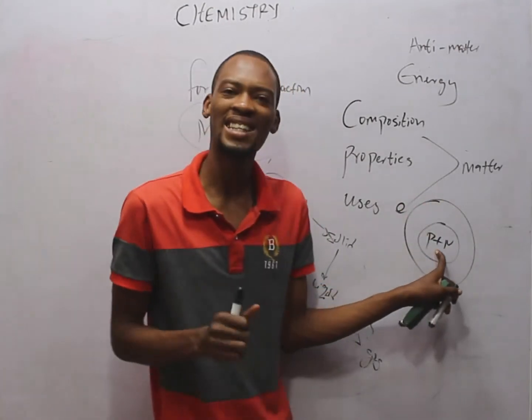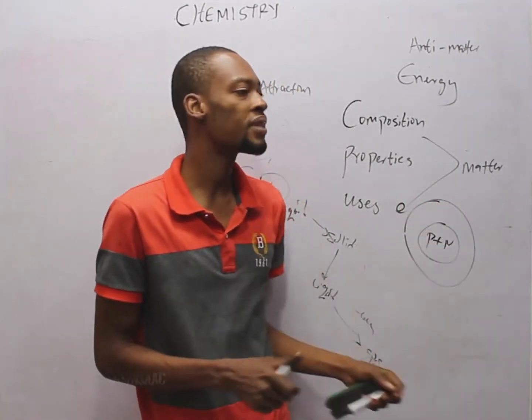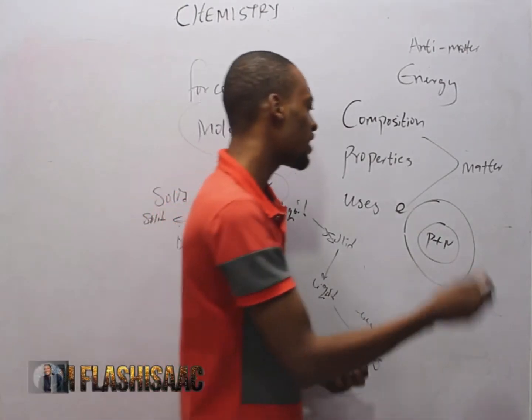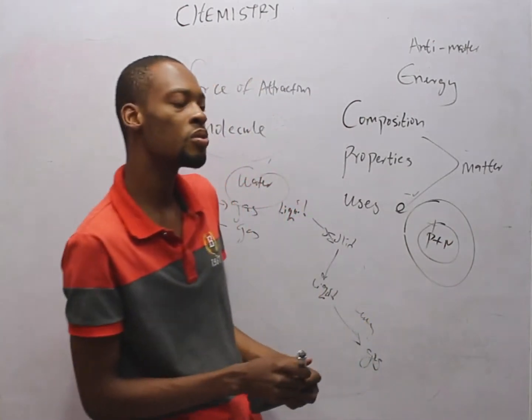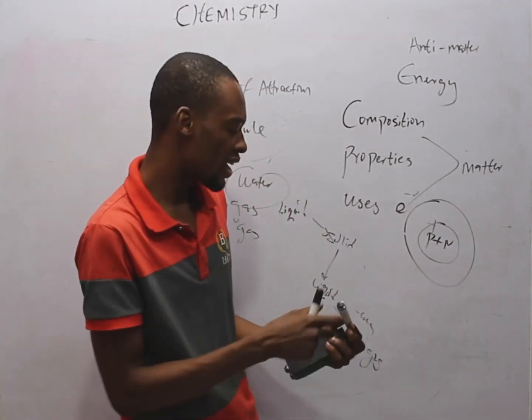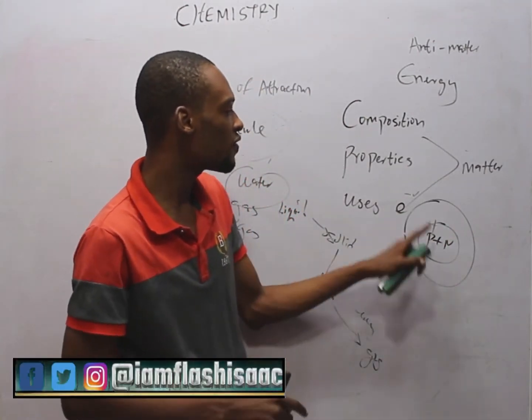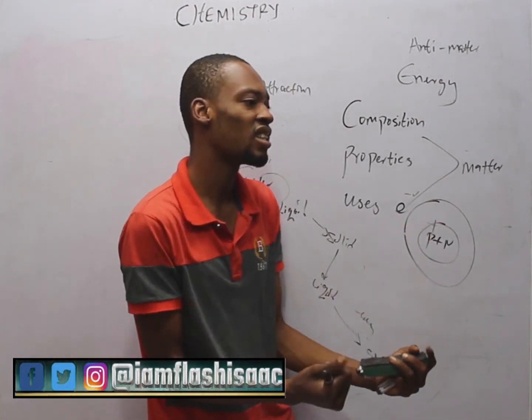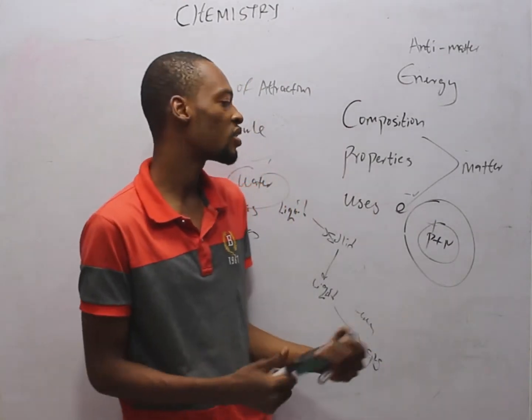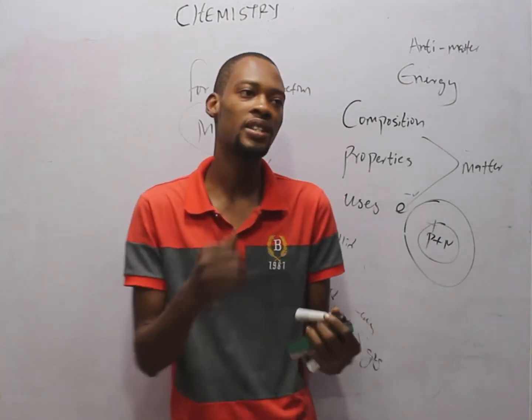Electron is negatively charged, proton is positive, and neutron has no charge. So the atom is balanced because the negative and positive charges are equal and opposite, so they cancel out. This makes the atom maintain neutrality.